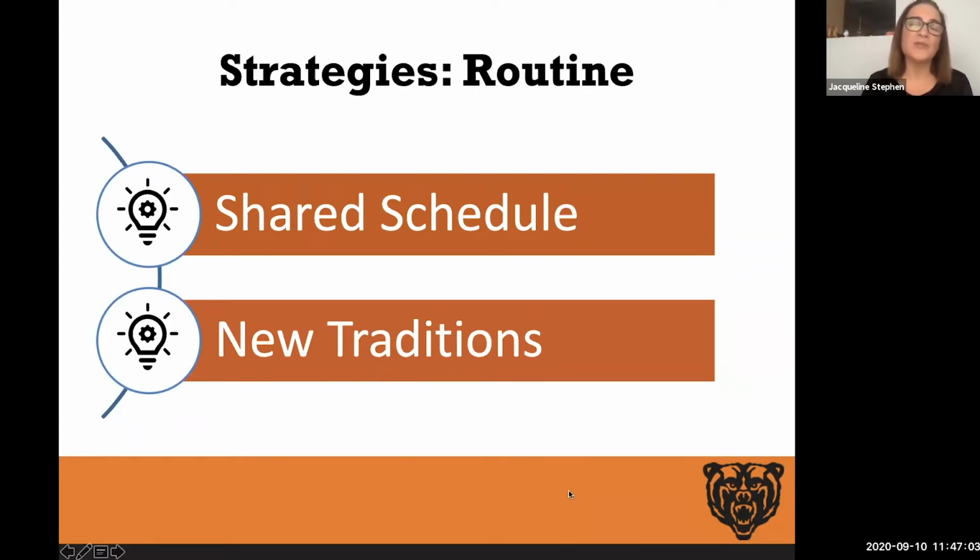I know I certainly miss some traditions of just being in my office and being around other people. So you want to consider creating some new traditions, and it's important that you get input from your team on what types of traditions they'd like to explore. And you can do that through a brief survey with your team, or ask them for some ideas that they can share with you and get the team to agree.